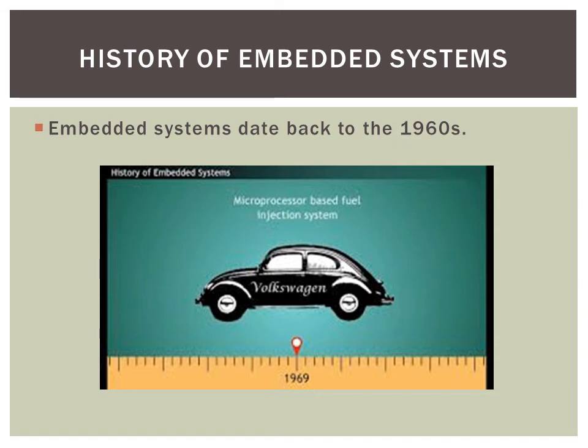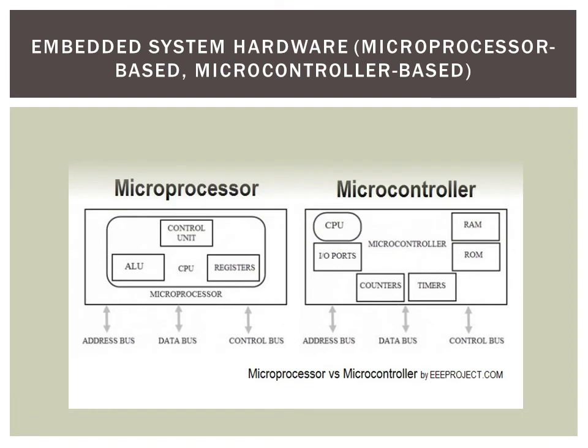Let us now move on to embedded system hardware, and part of this are the microprocessor-based and microcontroller-based. Embedded system hardware can be microprocessor or microcontroller based. In either case, an integrated circuit is the heart of the product that is generally designed to carry out computation for real-time operations.